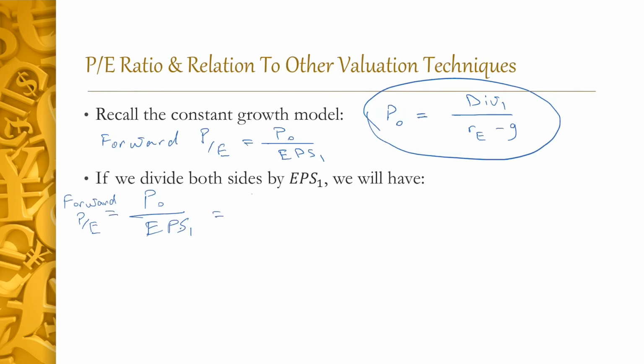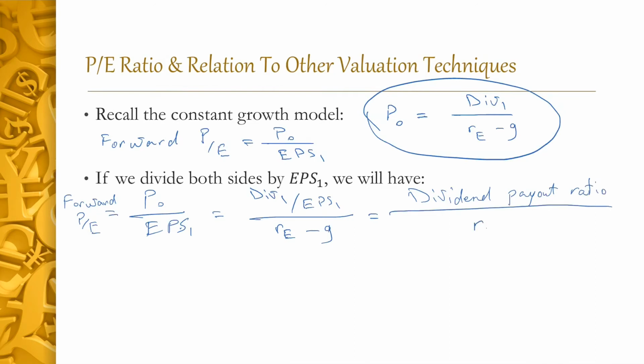On the other side, I would have dividend at the end of year one divided by EPS at the end of year one, all over equity cost of capital minus the growth rate of dividends. And the numerator equals the dividend payout ratio. So again, all over rE minus g.